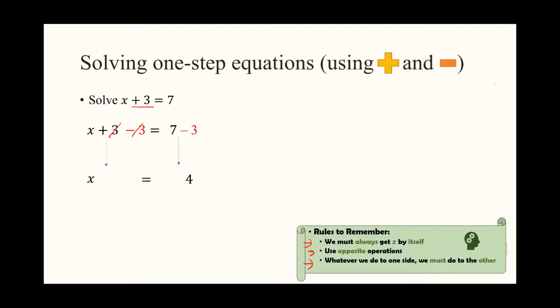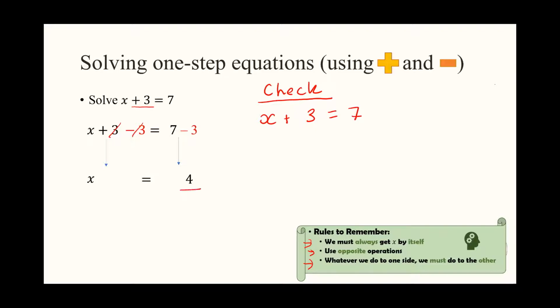So there's also a way to check whether your value for x is correct. So is x truly equal to 4? Well, let's check. And we do this by substituting it into the original equation, which over here is x plus 3 equals 7. So we have just found that x is equal to 4.